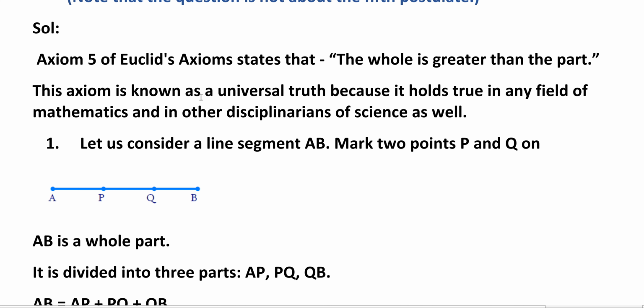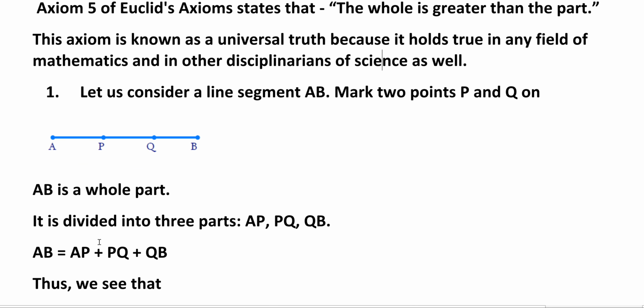This axiom is known as a universal truth because it holds true in any field of mathematics and in other disciplines of science as well. Let us consider a line segment AB marked with two points P and Q. AB is the whole.